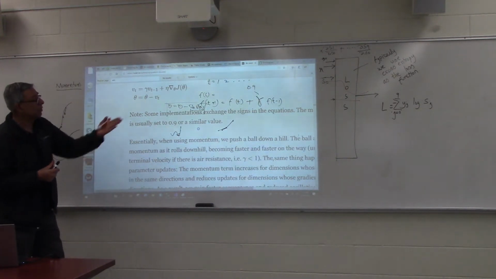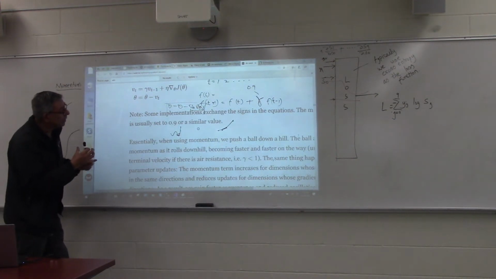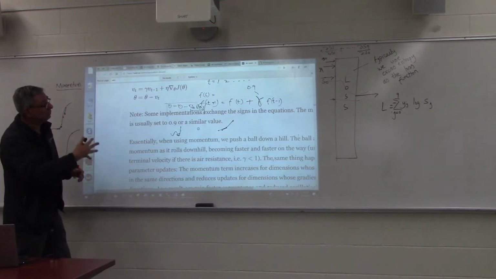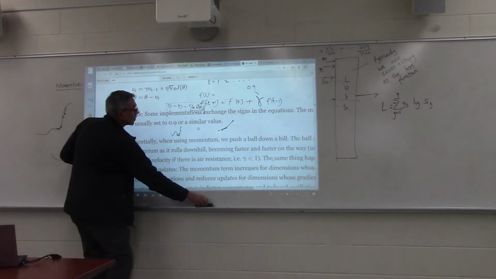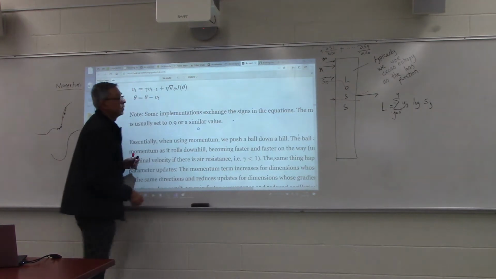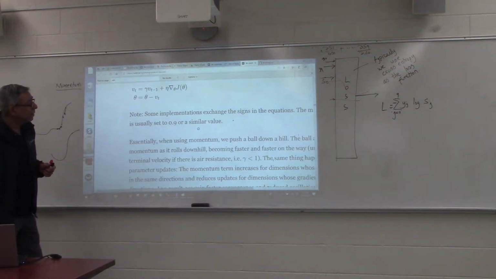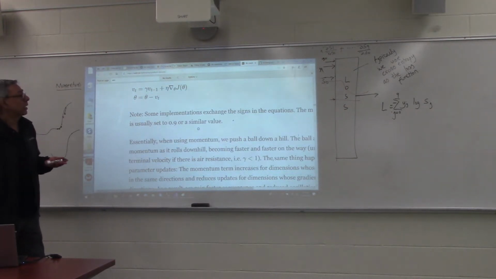So the next algorithm you will see tries to take into account, rather than just looking at the past, what the future gradient will be and tries to adjust for it. So will it mostly settle down in the local minima? All of these have a possibility of settling down in the local minima.